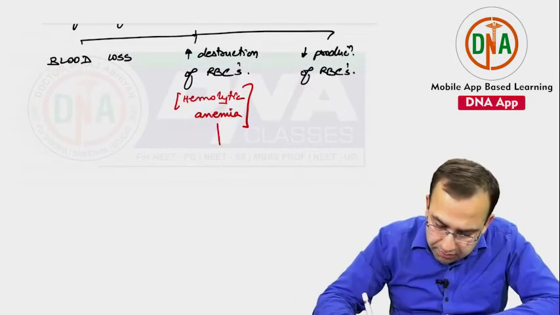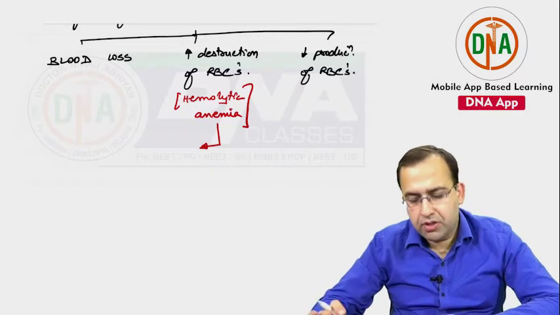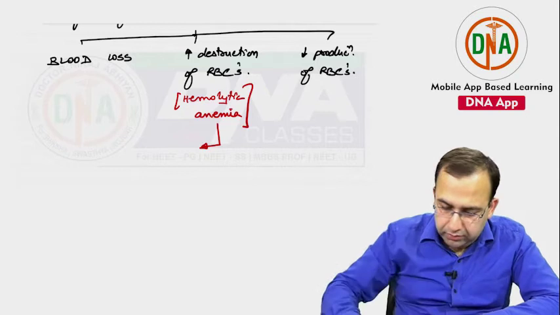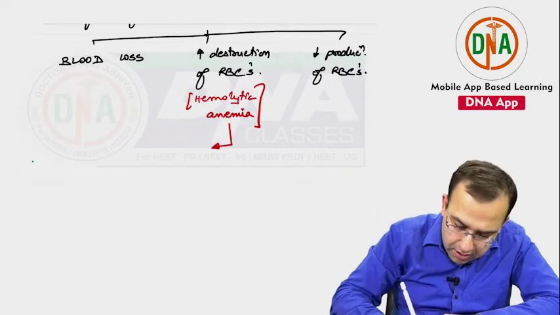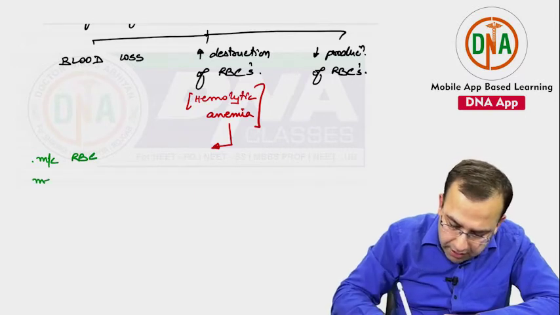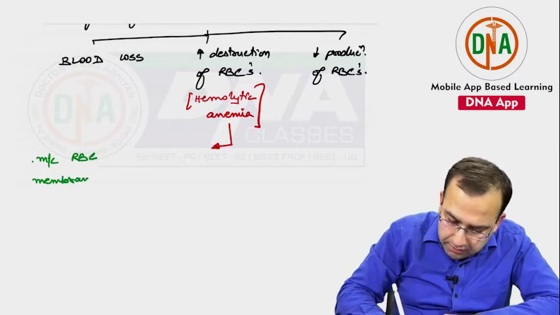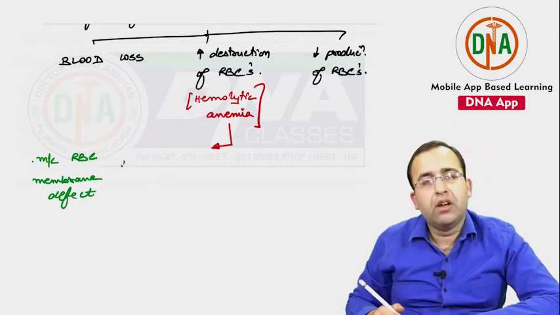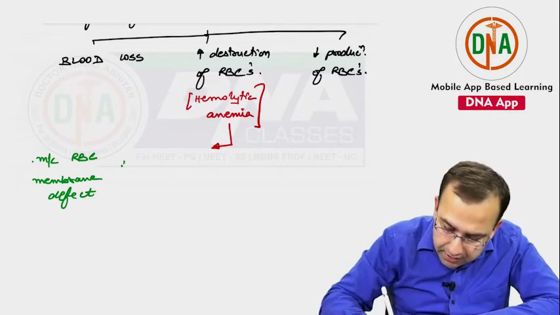Starting with, we are just writing the classification, so just let us write down the diseases. Hemolytic anemia. Let us start with this. Most common RBC membrane defect. Answer bache. HS.